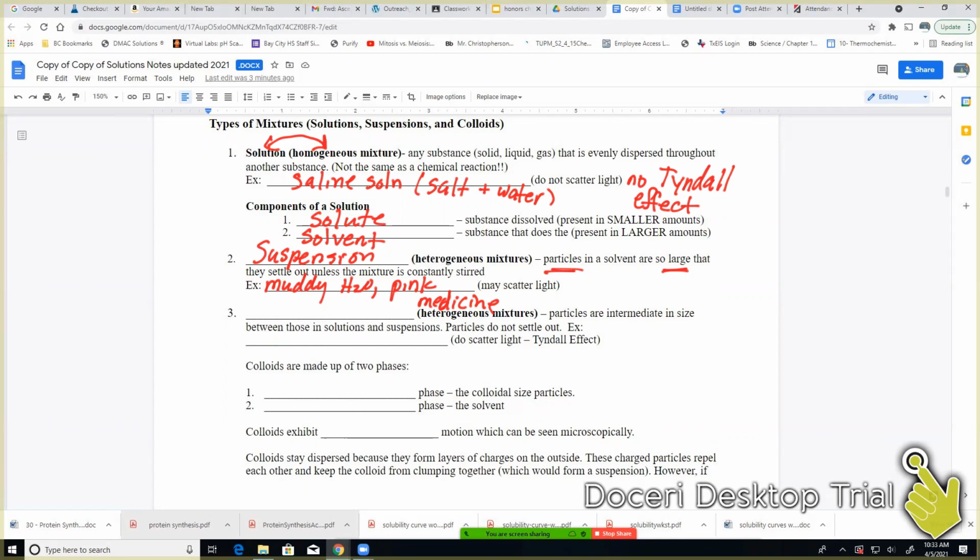Your parents shake it up when they take it out of the refrigerator, because if not, all the medicine and sugar would be gathered at the bottom, and they'd be just giving you some water with a little bit of stuff in it. Some natural peanut butters that you have to stir could be an example of a suspension.